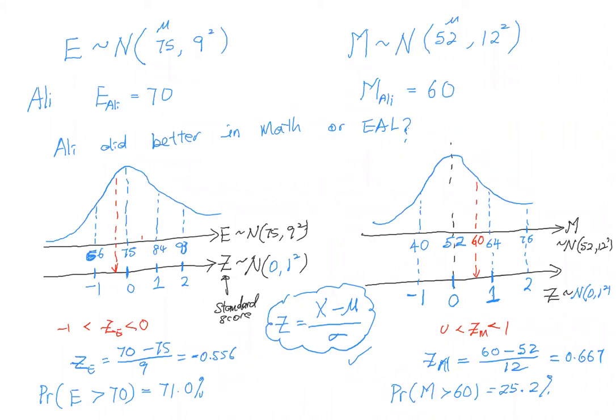I explain to the parent whether your child performed better in this subject or that subject. If the mean is 52, your child is above the mean. Isn't it your child performed better in this subject compared to another subject which is below the mean? Don't just look at the raw score.